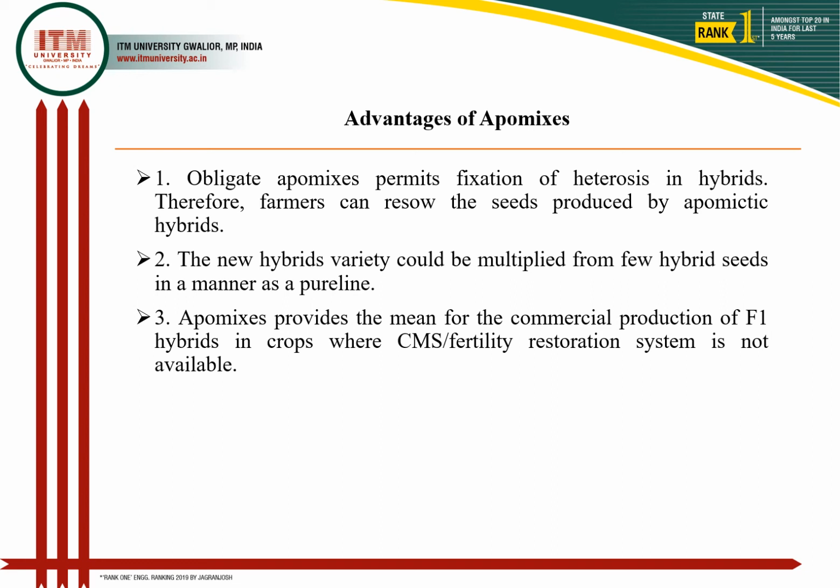So the important thing is that you are going to produce F1 hybrid commercially where the normal process of hybridization is very difficult because of lack of CMS line and lack of fertility restoration system.